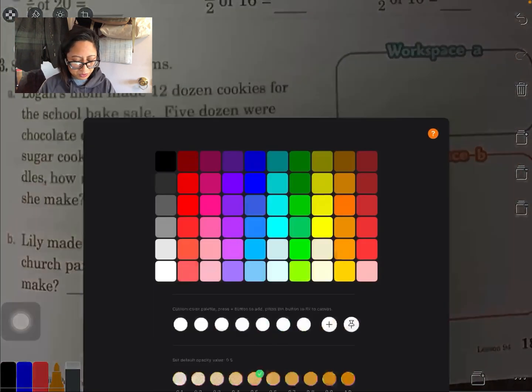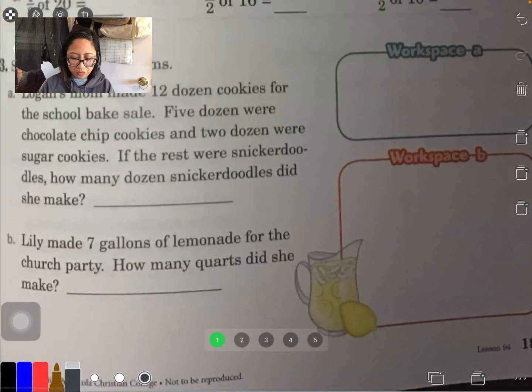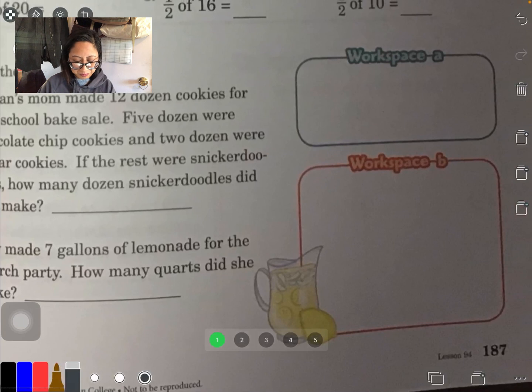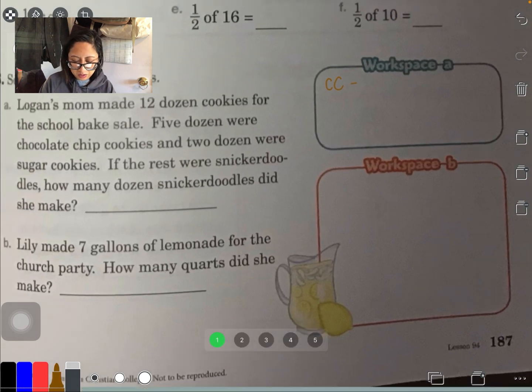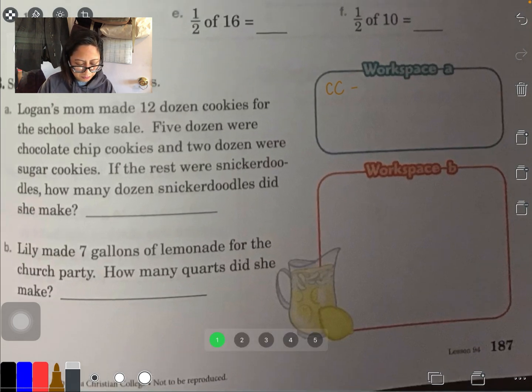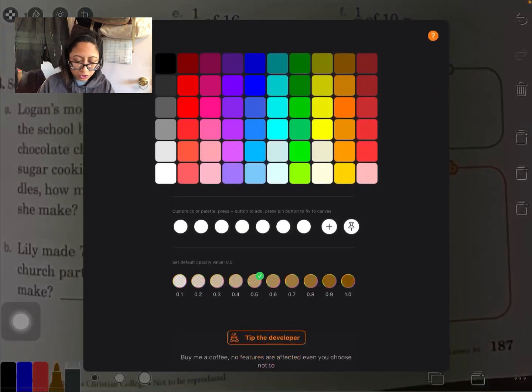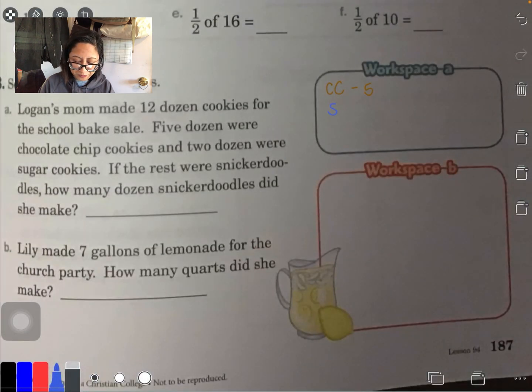Okay, so I'm just gonna use different colors again to represent the cookies. We have chocolate chip, and use something thinner. Here I'll put CC for chocolate chip. Can you see that? She made 5 dozen of them. 5 dozen chocolate chip. And then 2 dozen sugar cookies. So sugar cookies I'm gonna make blue.